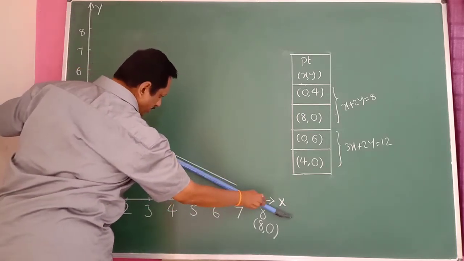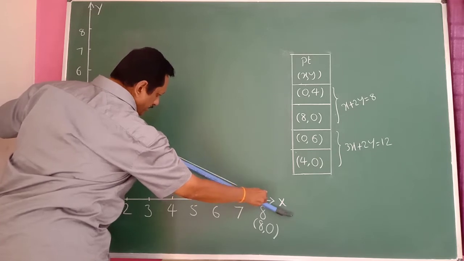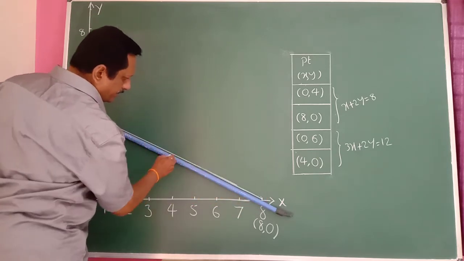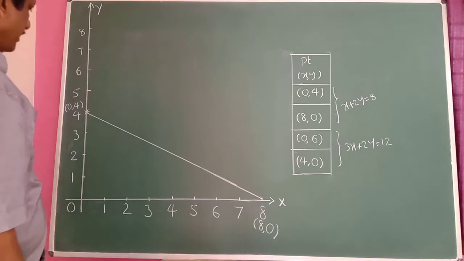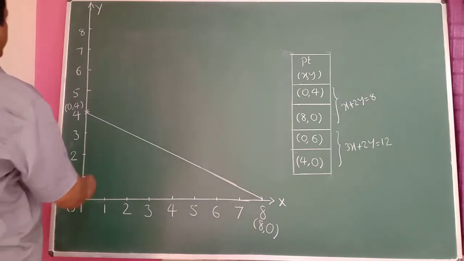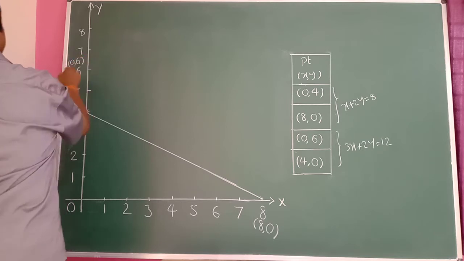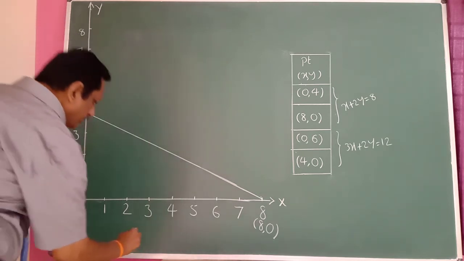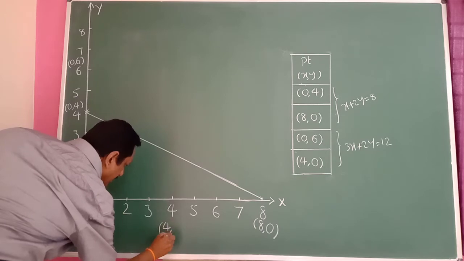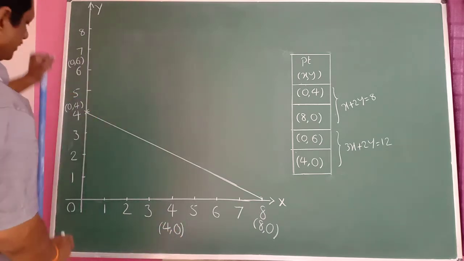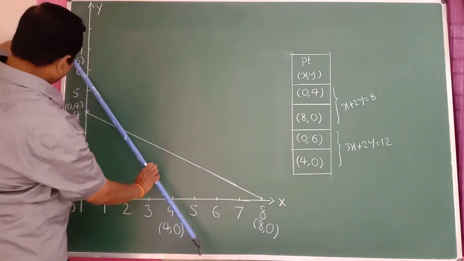You should draw the diagram in graph sheet only. That is important here. Next, 0, 6 is this point, which lies on the y-axis, and 4, 0 lies on the x-axis. Therefore, join these 2 points here.